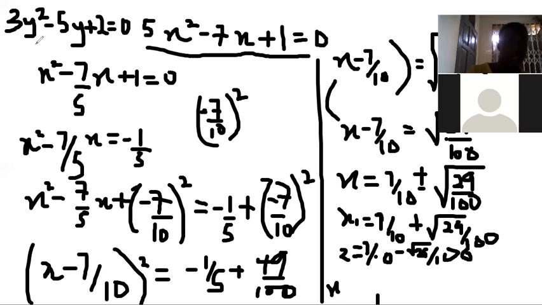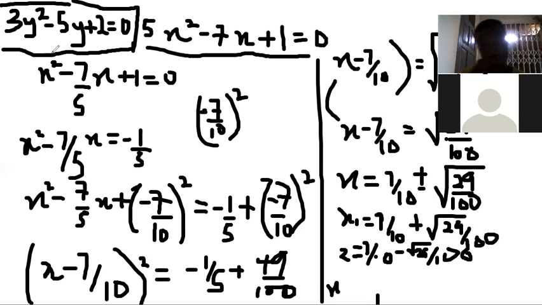Do this one for me and send it to me. Please repeat the question. Using the completing the square method, solve correct to 2 decimal places the equation 3y squared minus 5y plus 2 is equal to 0.